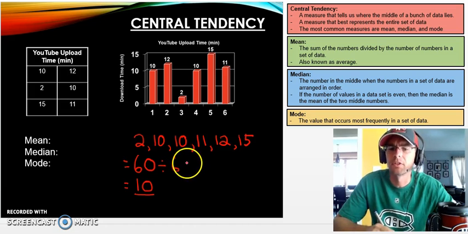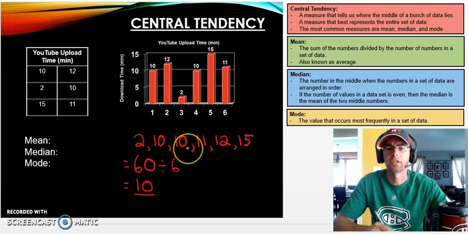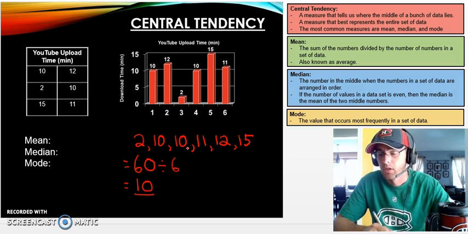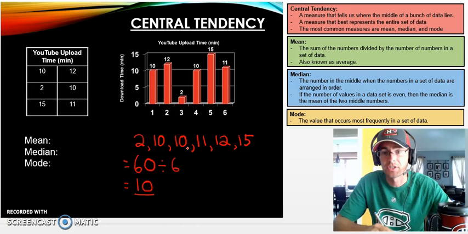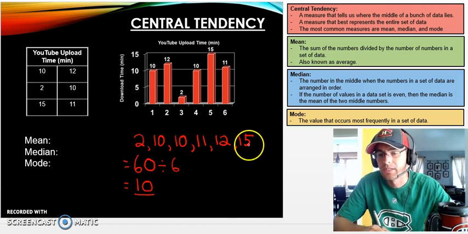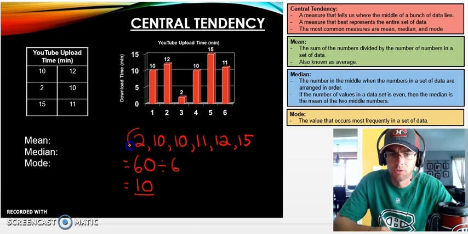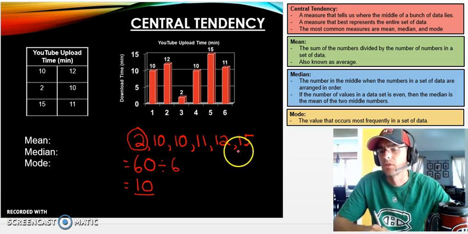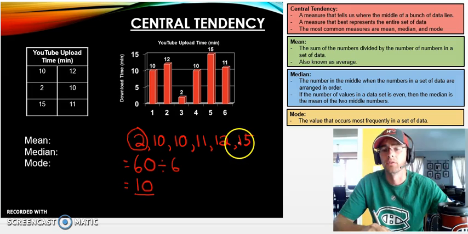But there's something very, very interesting with this set of data. Remember, the definition is the number that best represents all of the data. If you look at all of this data, does this number right here, is that in line with the rest of your values? Is that similar to the rest of your values?